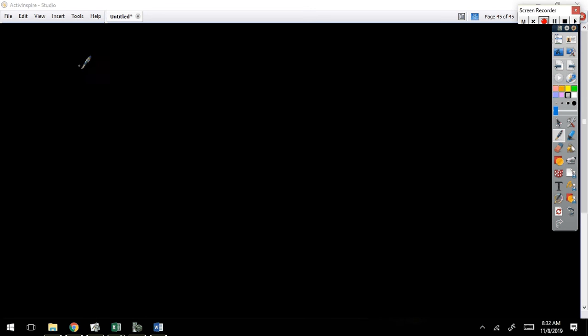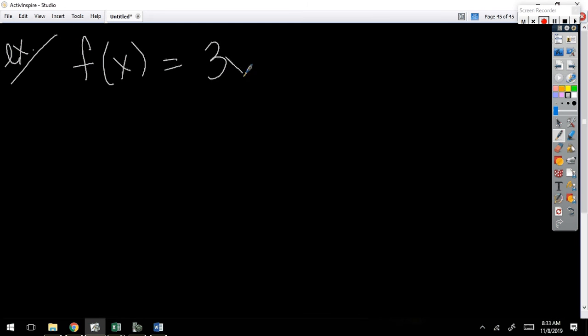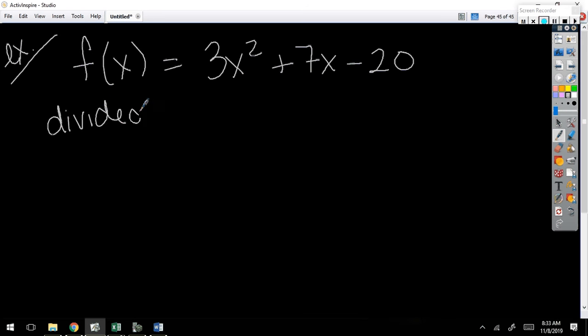All right, this is an example. Let's say f of x is 3x squared plus 7x minus 20. Let's say I divided by x minus 2.